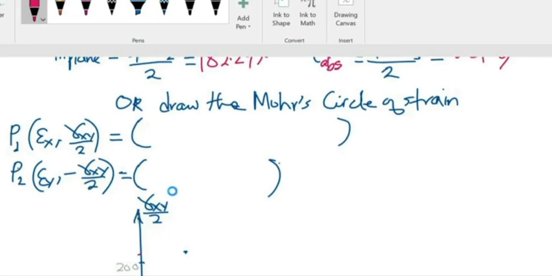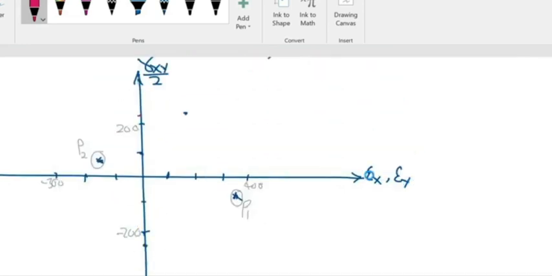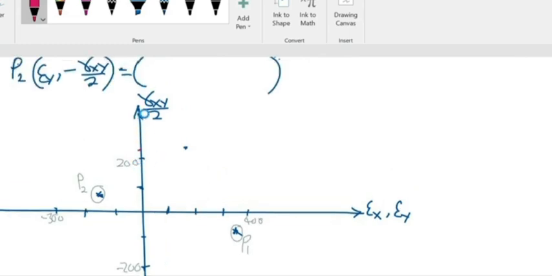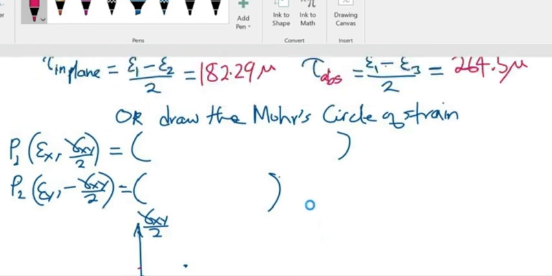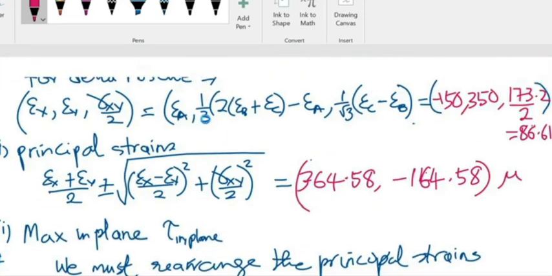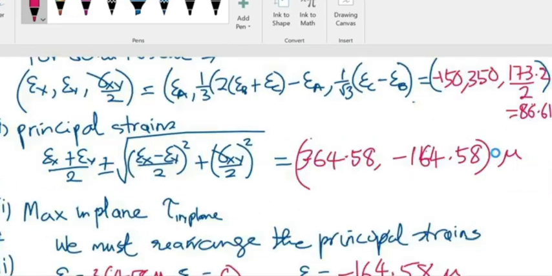You draw your axes. One of the axes is going to be EX, EY, your normal strains, and then the y-axis is going to be your shear strain. So let's get these 2 points. Remember our EX, we have gotten it earlier. These are the values we are going to use: EX, EY, and the shear strain.